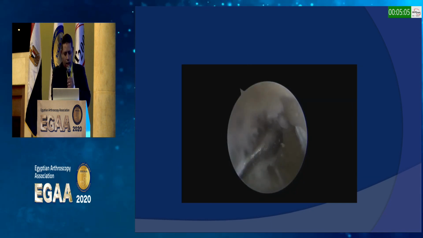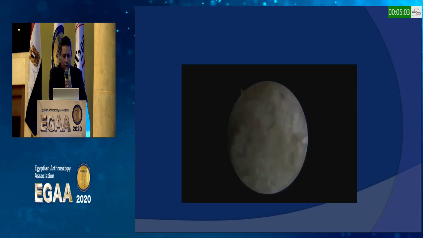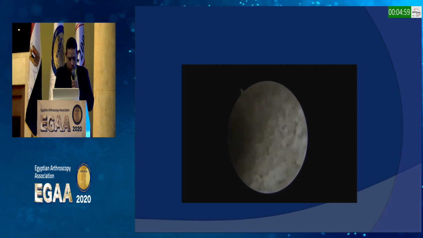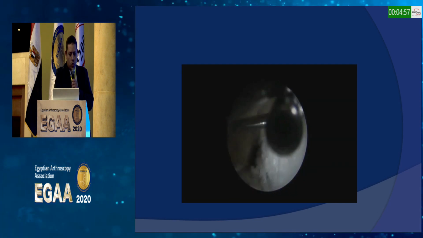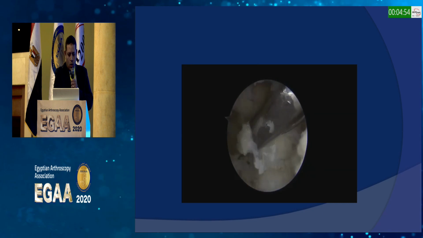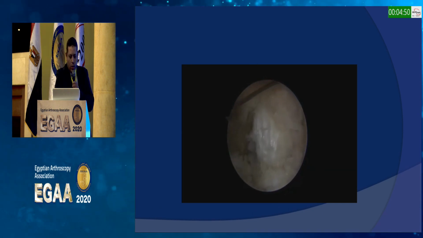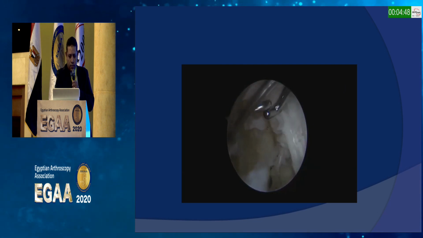The soft tissues and bone debris are removed from the tunnel. Then we pass 2 wire loops from outside, one to be retrieved from the anteromedial portal, while the other one will be retrieved through the tibial tunnel.